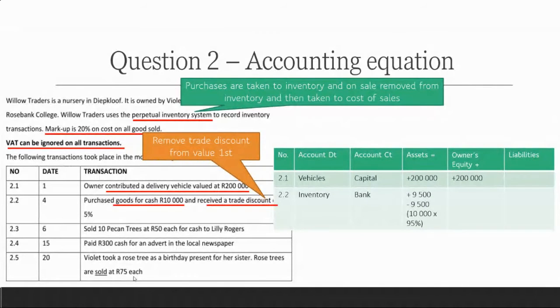And the other thing is, we generally give a method mark for one of them. So let's say you forgot to do the trade discount on inventory, you would receive one method mark for the amount that you showed.